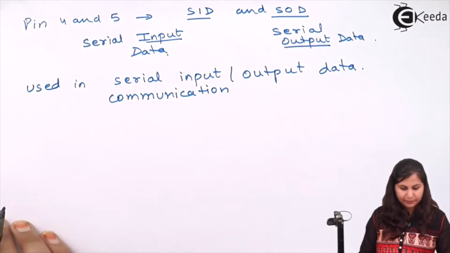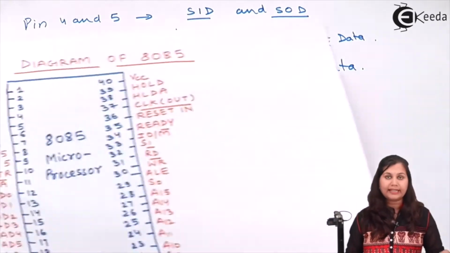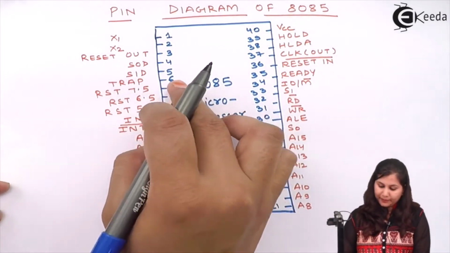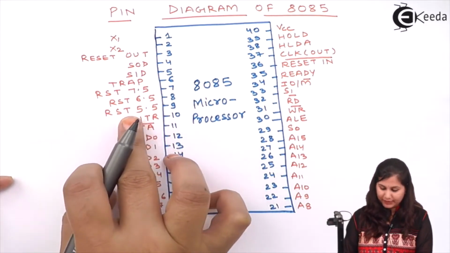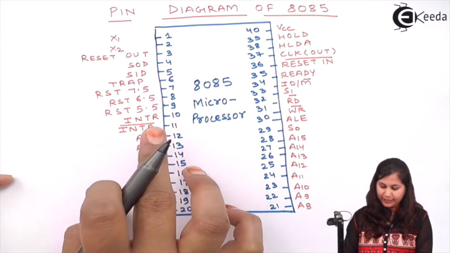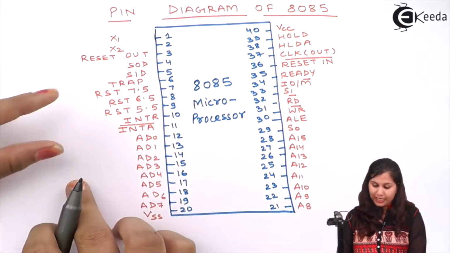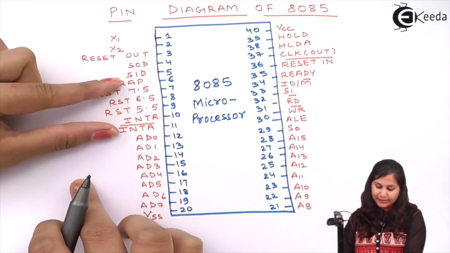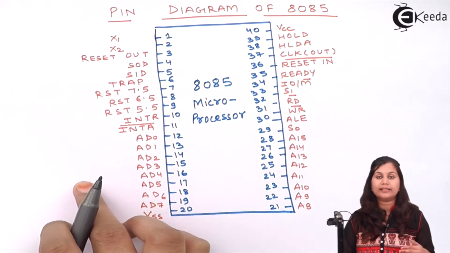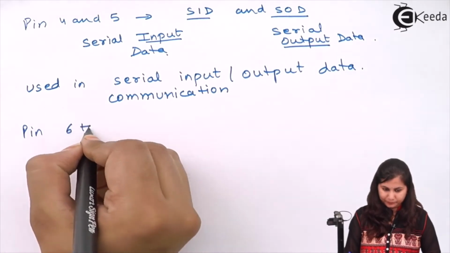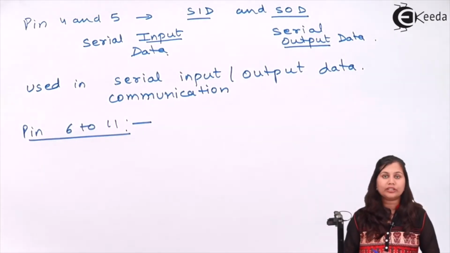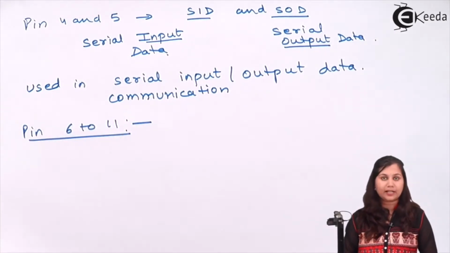Next, we have pin number 6 to pin number 11. Pin number 6 is TRAP. Then we have RST 7.5, 6.5, 5.5 and INTR, INTA. These signals from pin number 6 to 11 are used in the interrupt process of the 8085. So for interrupt controlling, these pins are used.